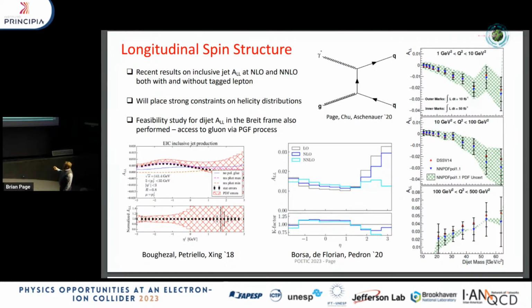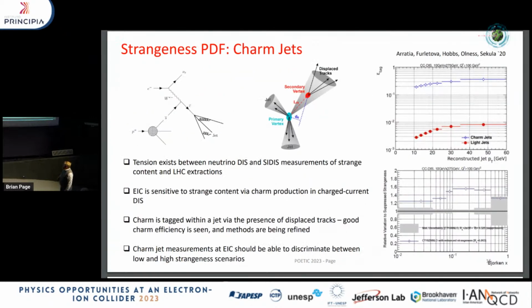You're looking at your gluon from your initial state, and then you look at A_LL for your dijet system, and you can look at A_LL as a function of dijet mass and actually access the gluon spin. So again, these are several complementary measurements that will help us determine the spin of the proton.